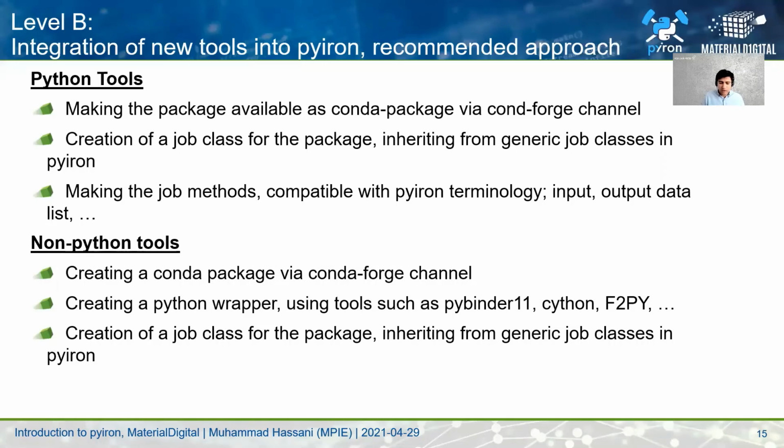You need to use tools such as PyBind11, Cython, or F2PY to create such a Python wrapper. This will facilitate the data flow between your non-Python tool and the Python packages. Then, similar to the previous case, you need to create a job class for the package by inheriting from generic job classes in Pyiron.